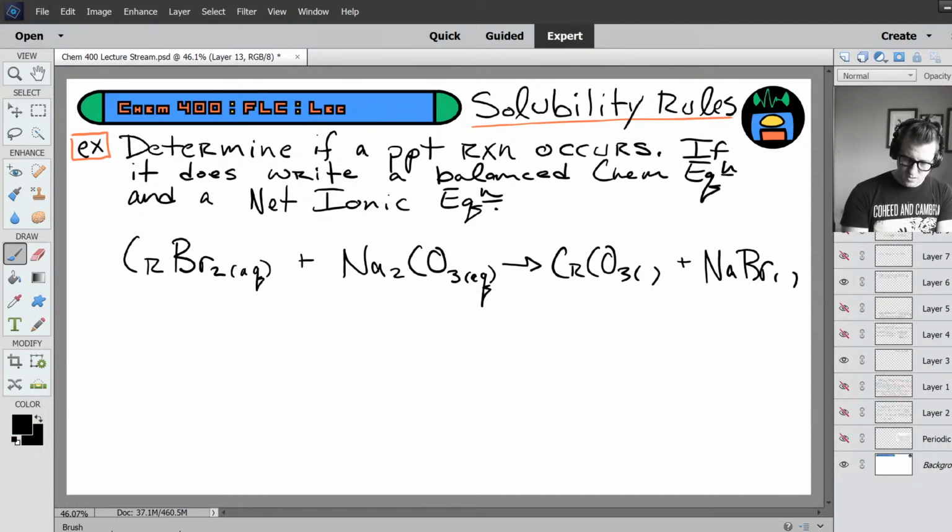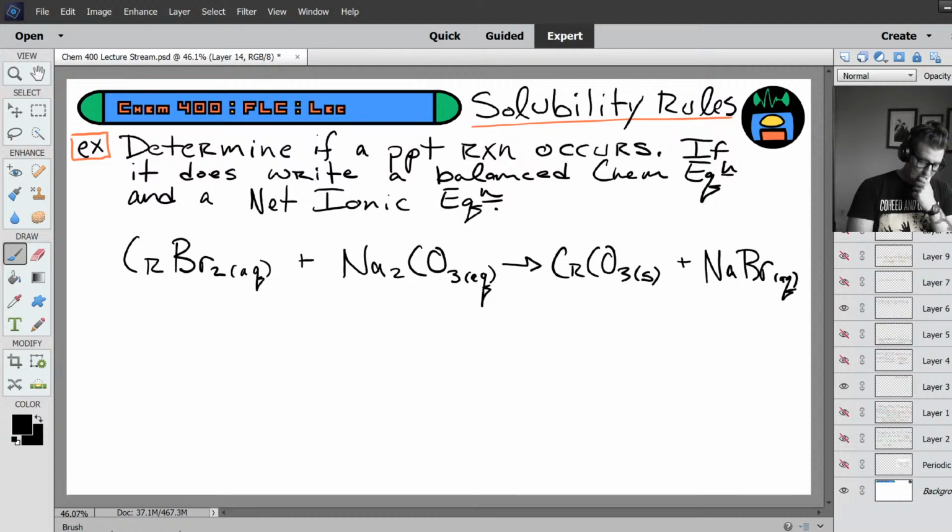Because we're dealing with an actual precipitation reaction here, we need to do parts 2 and 3 of this problem. We need to write a balanced chemical equation and a net ionic equation.